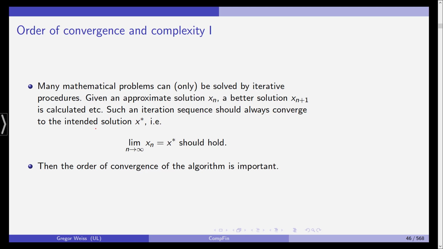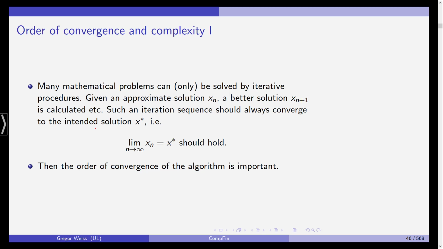And now let's talk a little bit about the order of convergence and complexity. This is basically about speed. Now, many mathematical problems can only be solved by iterations, by an iterative procedure, and you have an approximate solution x_n, and you're interested in finding a slightly, or maybe even a much better solution, x_{n+1}, that is calculated, and such an iteration sequence should always converge to the intended solution x star.